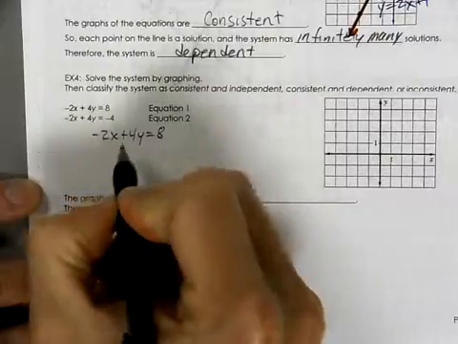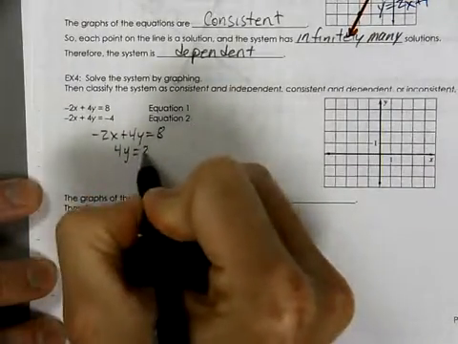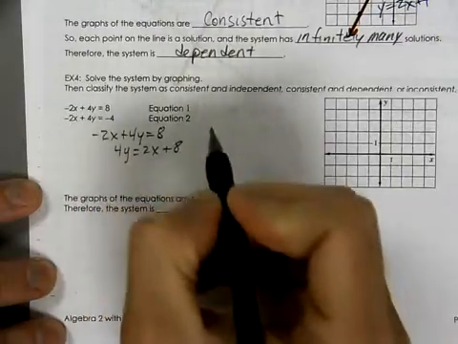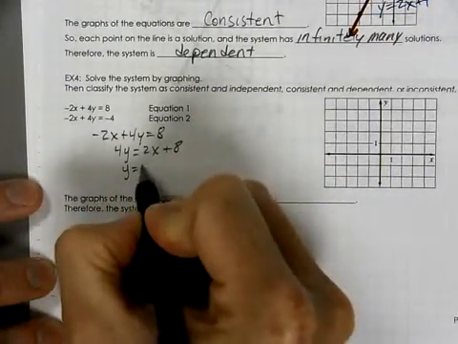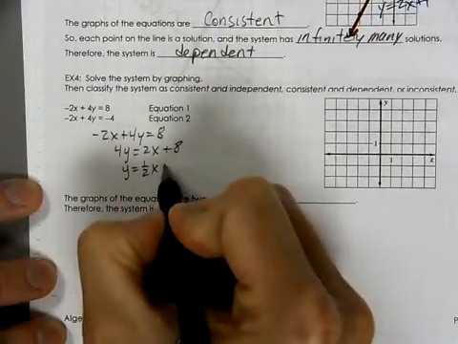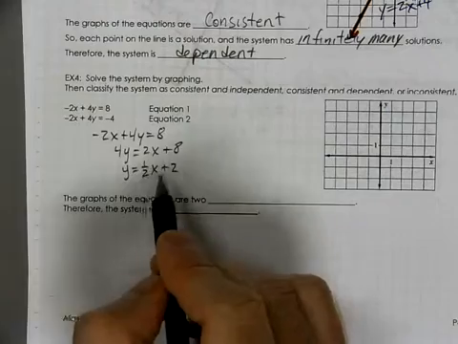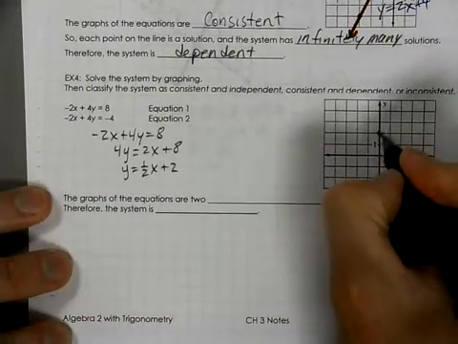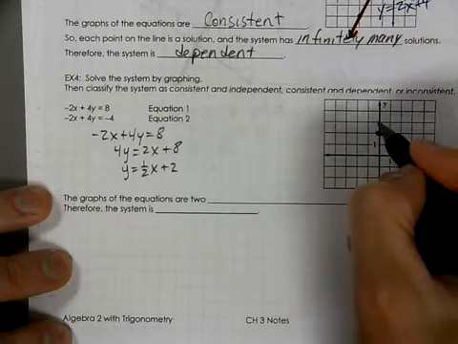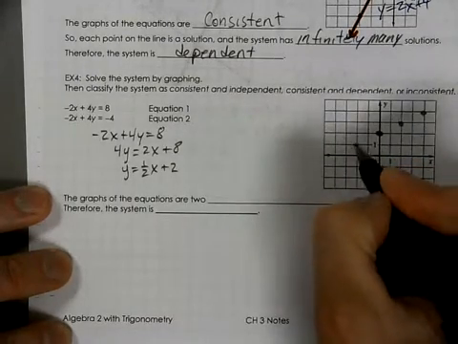Take the equations. 2 divided by 4 is 1/2. 8 divided by 4 is 2. Our slope is up 1 over 2. Down 1, backwards 2.